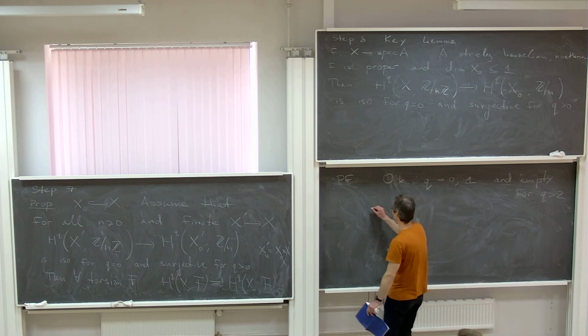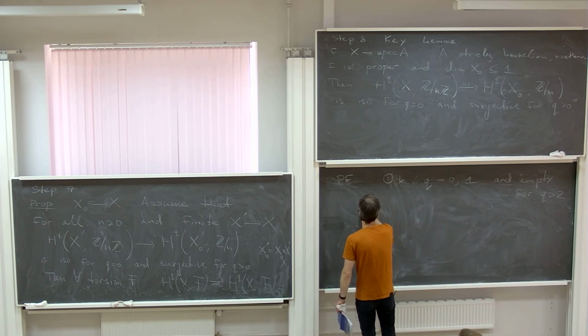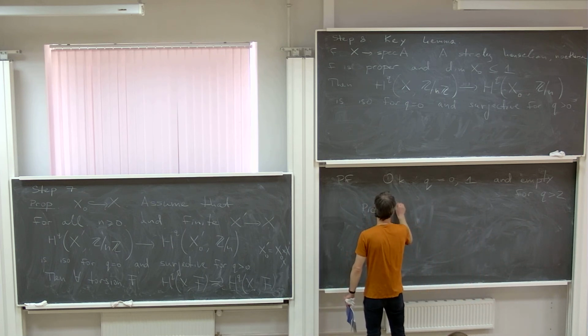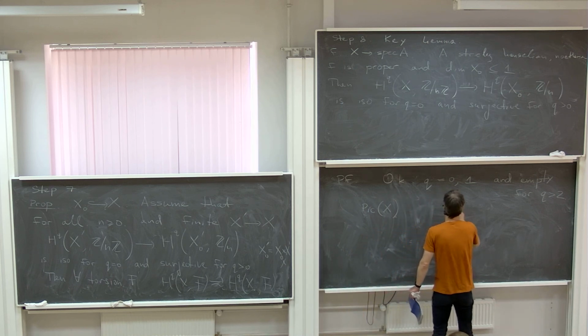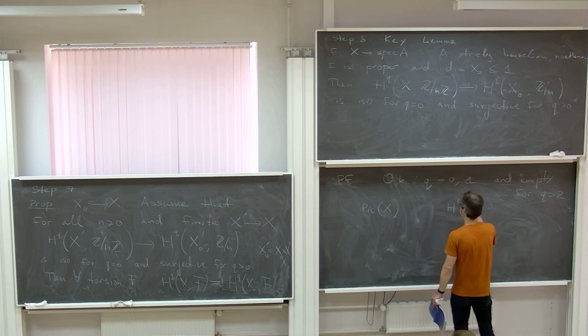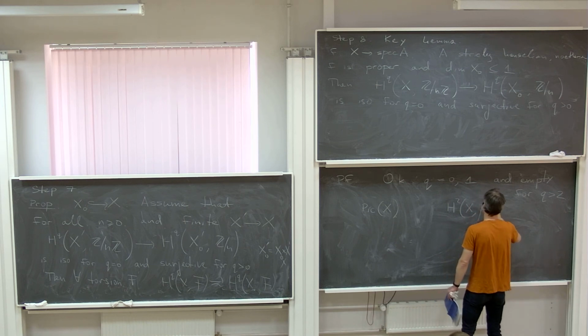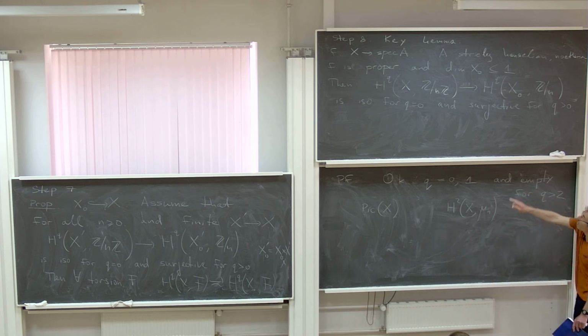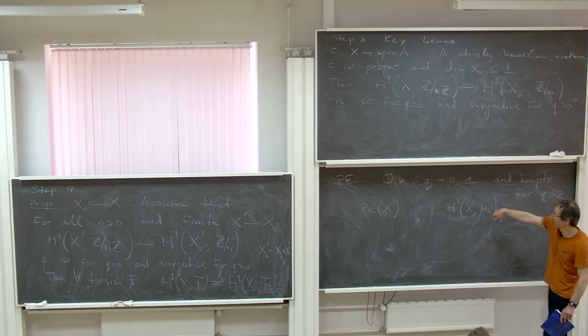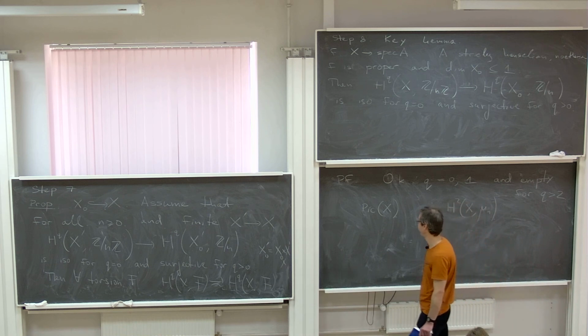Because remember that we have a map from the Picard group of X to H2 of X with coefficients in mu n.